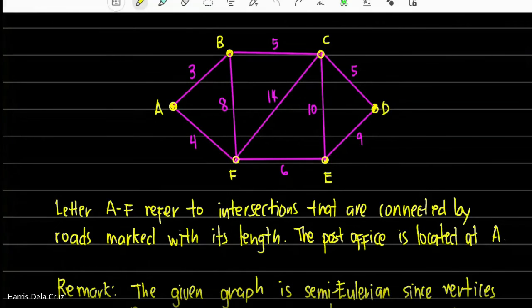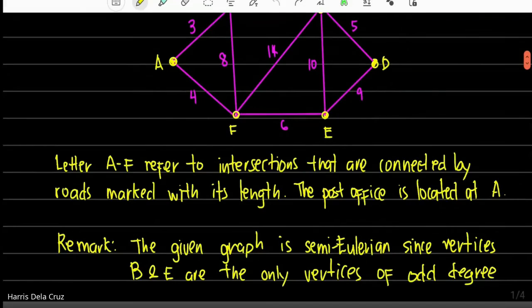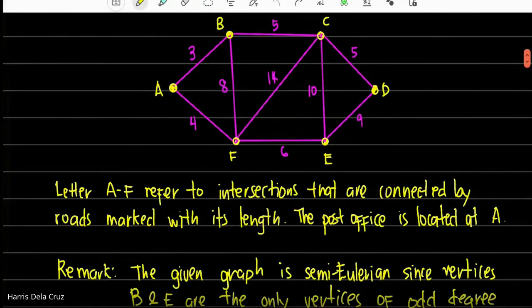Bakit? So, if we imagine that A to F refer to the intersections and connected by road marked with its length, diba? So, ang post office is A kasi ikot ka sa lahat ng road. So, ibig sabihin, from the given graph itself, ang hinahanap mo, Eulerian path. Ano ibig sabihin ulit ng Eulerian?